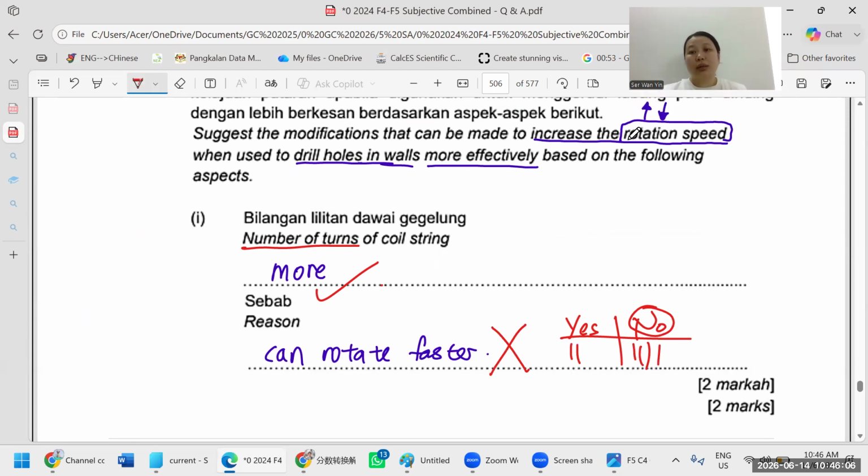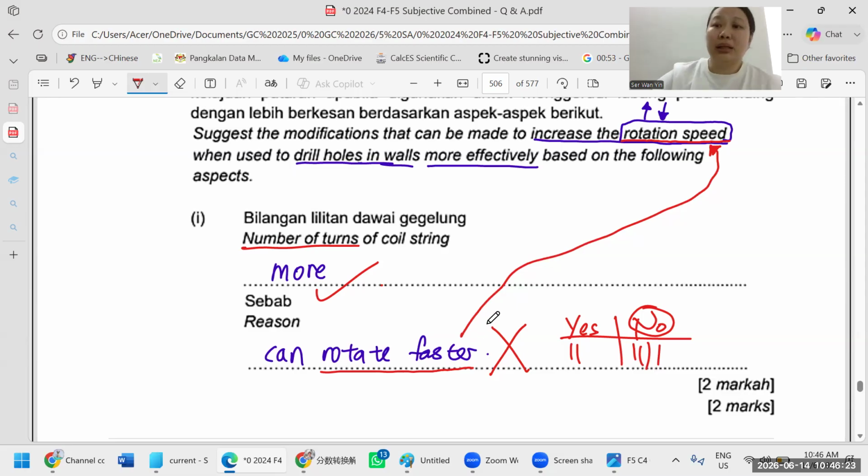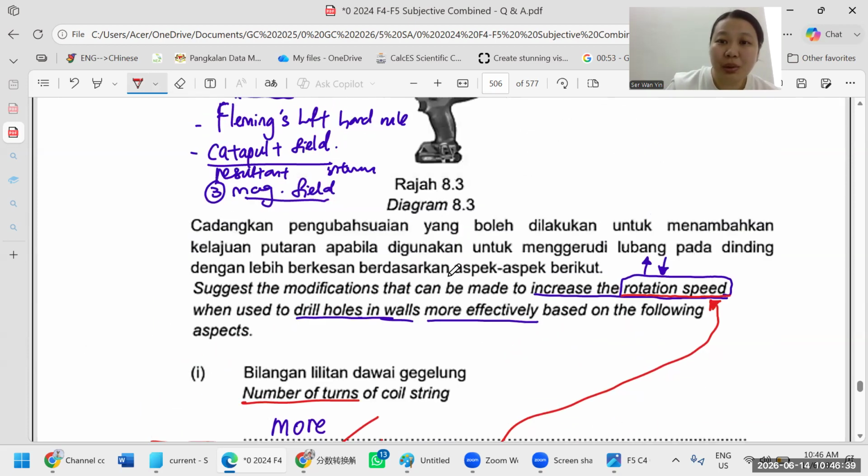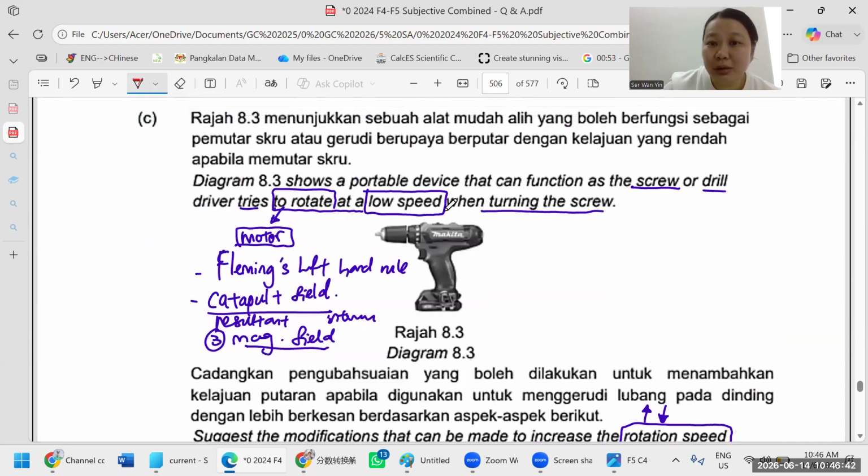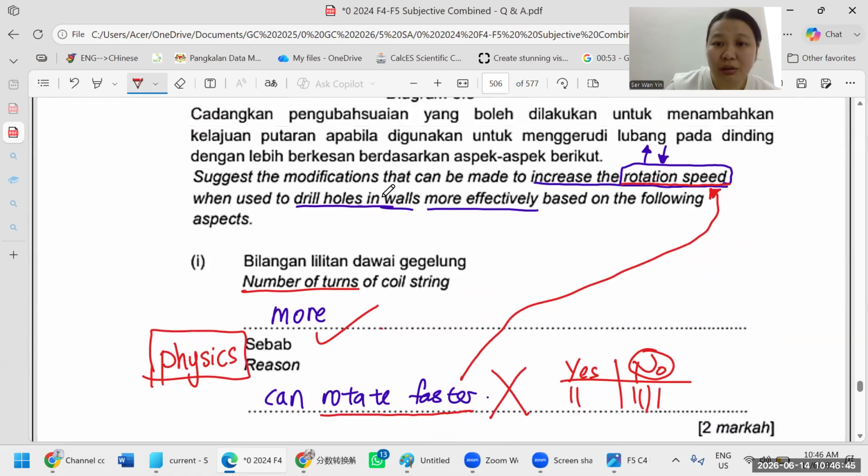That's why you all need to highlight this. Rotation speed, rotate faster. You are actually repeating the question. Not saying that it cannot be correct. Yeah, rotate faster. But what is this subject? Physics. So your reason, please relate it back to our physics concept. That's why when you first read the question, you don't directly go down.